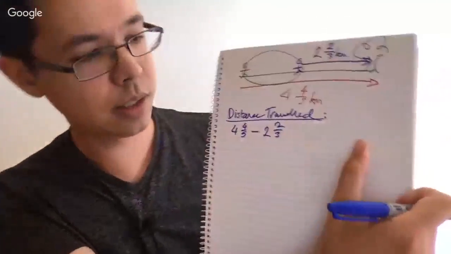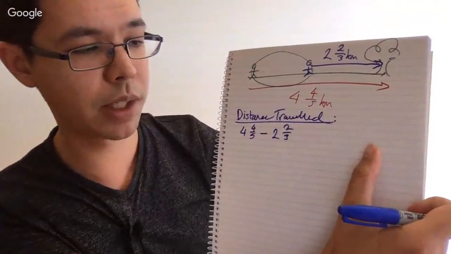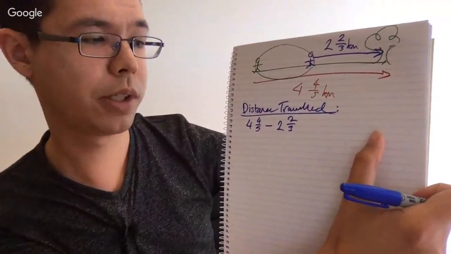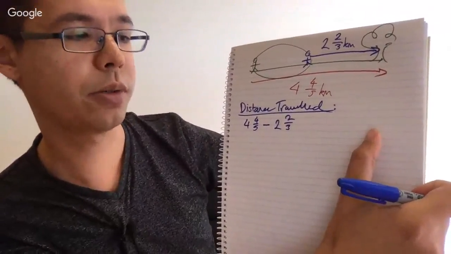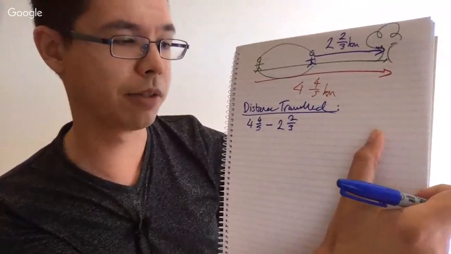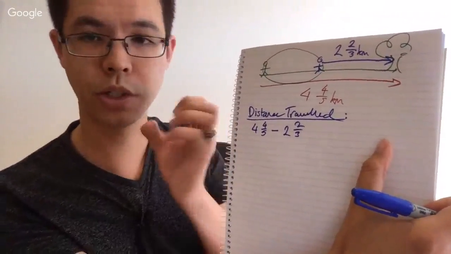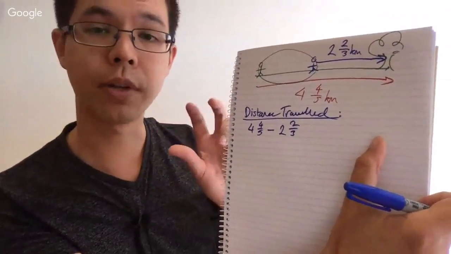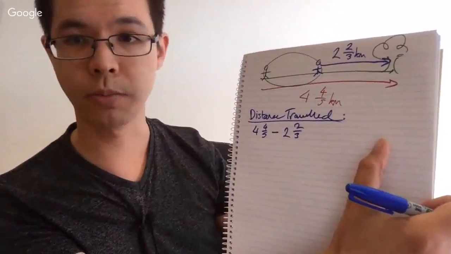Now looking as it is, I can't do that subtraction very well because they're mixed, that makes it harder. But also I've noticed that the denominators are different. So 4/5 versus 2/3, that's not going to play very nicely. So once I convert these into improper fractions, where it's just a single fraction, then I'm going to try and convert both of those fractions to be the same base, the same denominator. Then I'll do the subtraction step.